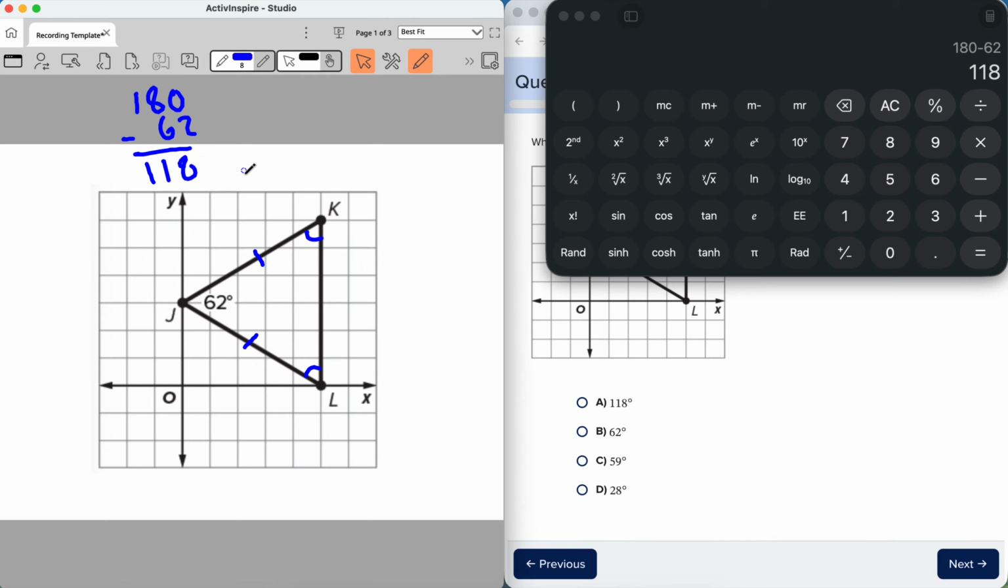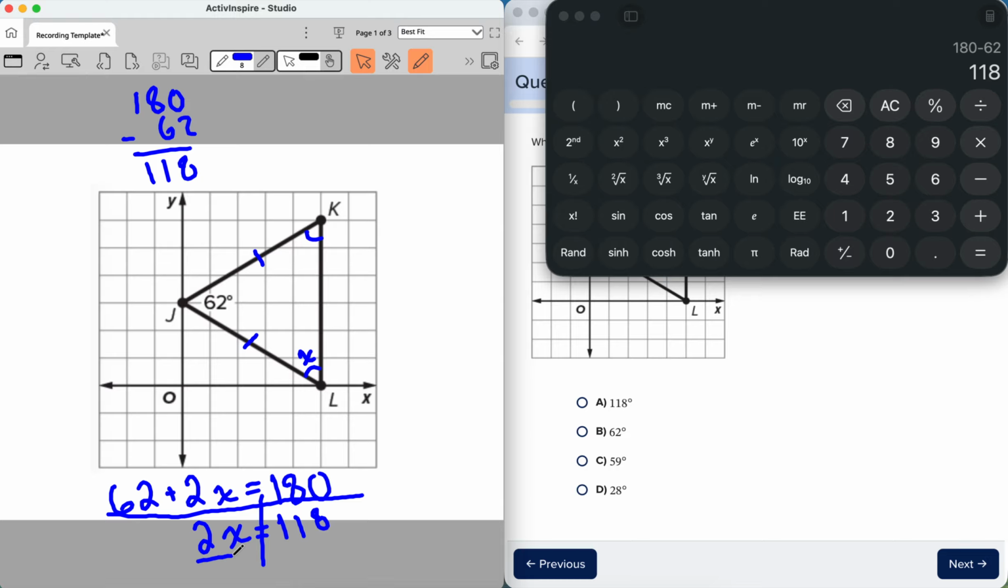I guess one way we could look at this is that 62, and put it down here, 62 plus 2x is 180. Right, x could be our angle measures. So we just took away 62 from both sides, and now we have that 2x is equal to 118, as in our two angles added together adds to 118.